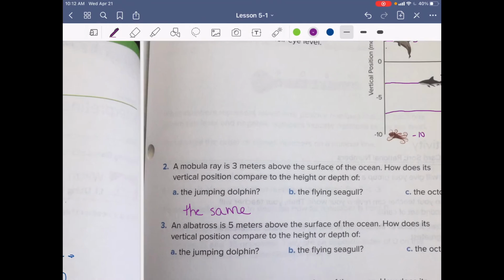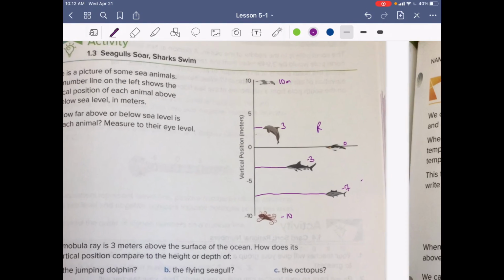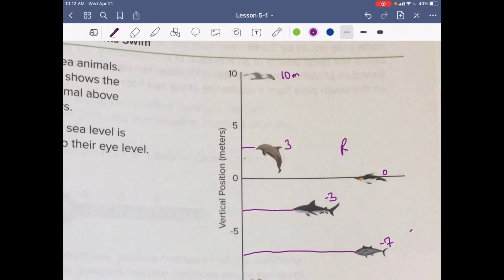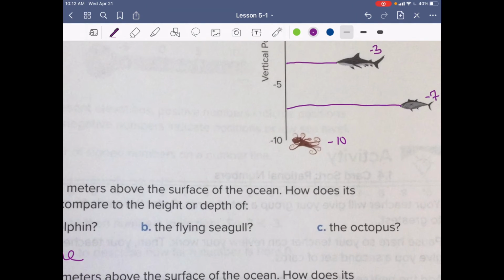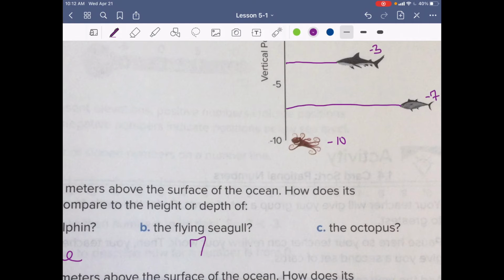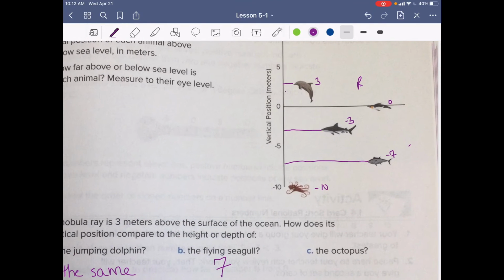What about the flying seagull? Well, how far away is the flying seagull from our ray? If our ray is at 3, we do 10 minus 3, and it's a difference of 7. And then we have our friend the octopus that we've got to compare it to.